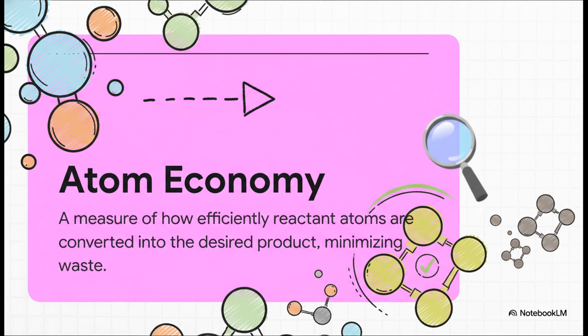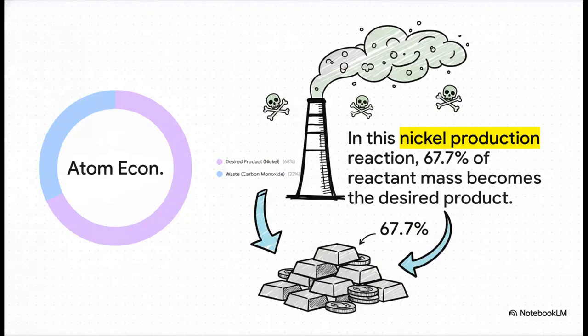The higher the number, the less waste you're creating in the form of unwanted byproducts. In this nickel production process, for example, the atom economy is about 68%. That means nearly a third of all the starting material isn't turned into valuable nickel, but into carbon monoxide, a wasteful and toxic byproduct. Improving that atom economy would mean creating less pollution and more product from the very same ingredients.